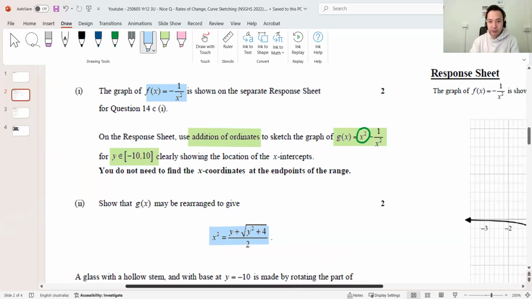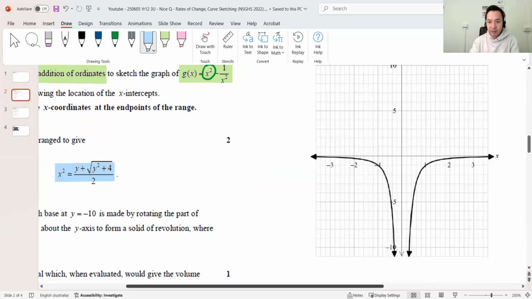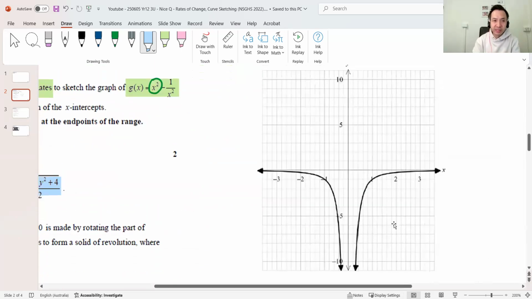So what do they want me to do? This graph here, the original, I'll use black. This is y equals -1 on x squared. For me to sketch y equals x squared minus 1 on x squared, basically that's adding on this element. So it makes sense to sketch in a different color.